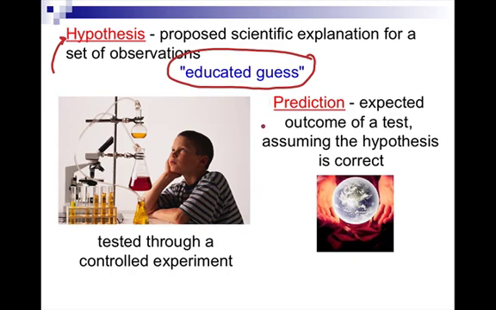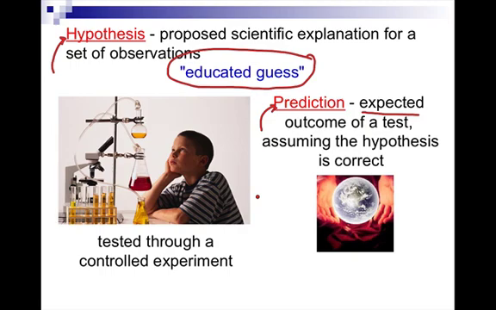Your next vocabulary word right here is called prediction. And I'm sure that you know what that particular word means. The expected outcome of a test, assuming the hypothesis is correct. So we're going to say what may occur, that would be predict something.